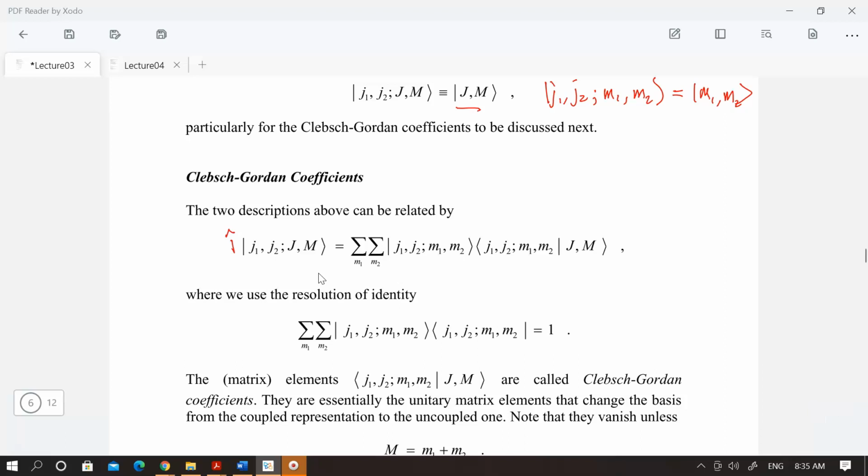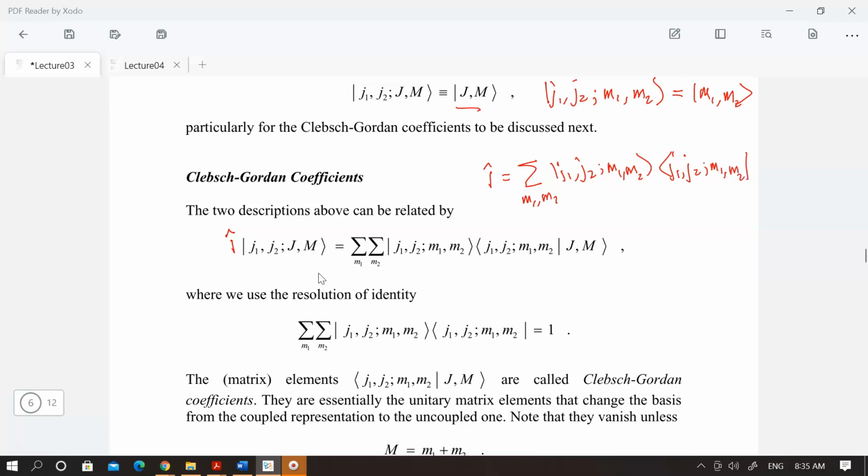This identity I will resolve in a different basis, so I use the individual angular momenta basis. So this will be |j1, j2, m1, m2⟩⟨j1, j2, m1, m2|. So I can do that.